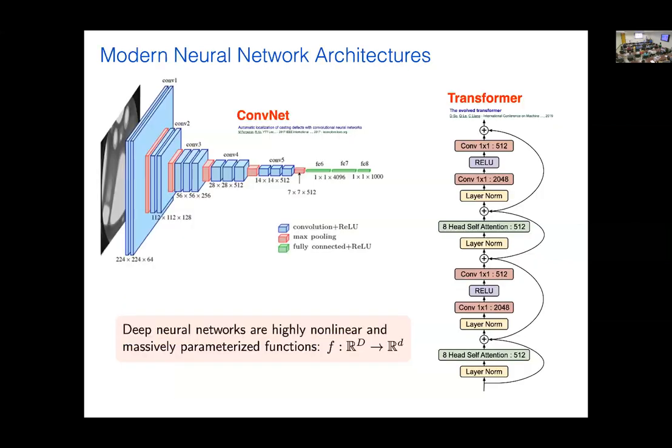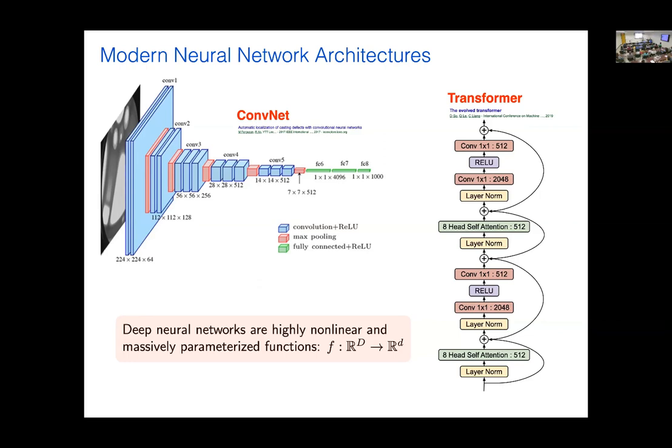These are modern neural network architectures: the convolutional neural network, and the transformer model that underlies things like large language models. It doesn't matter too much for this talk to understand what all these different blocks are doing. The important thing to know is that deep neural networks are highly nonlinear and massively parameterized functions.